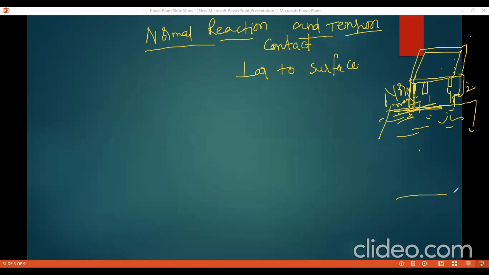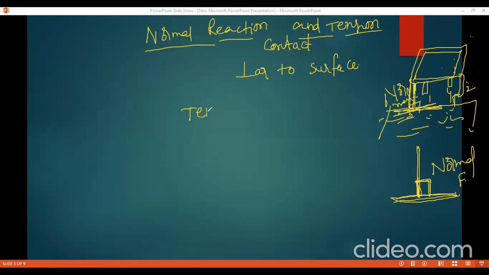Wherever the object is standing on a surface and is normal to the surface, if these two are perpendicular, we can say there exists a normal force. Understood? Very good.